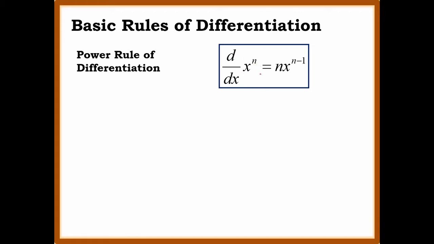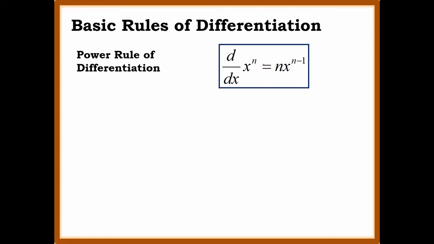Kung titignan natin yung result, yung n natin na exponent, pumunta lang siya sa baba. Minultiply natin siya kay x. As we look at it this way, so yung exponent natin na n, para lang natin siyang binaba dito. Tapos, yung exponent natin na n, babawasan lang natin ng isa.